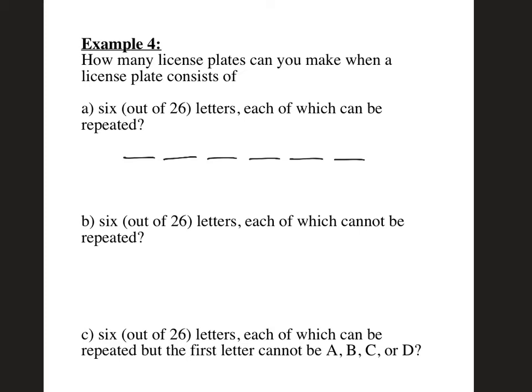You've got 26 possible letters for the first blank, 26 possible letters for the second blank because you can repeat them, 26 for the third, 26 for the fourth, 26 for the fifth, and 26 for the last one.